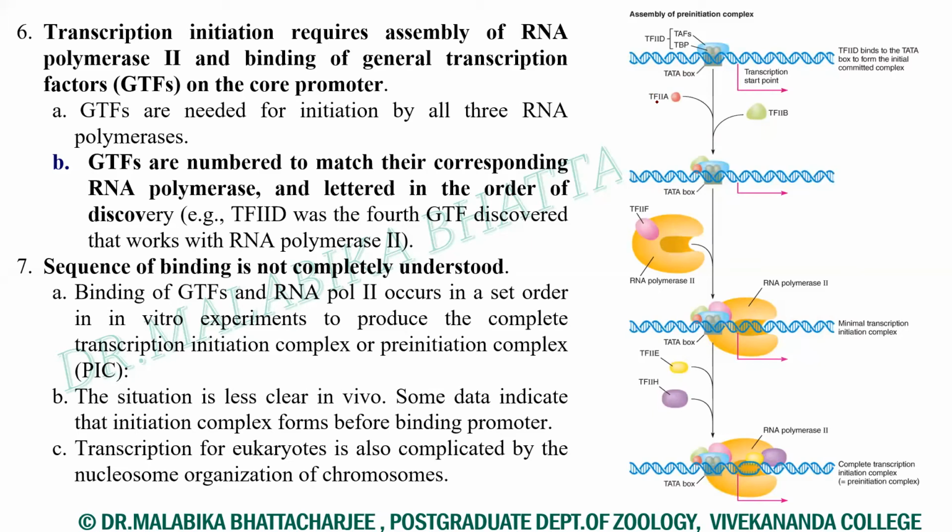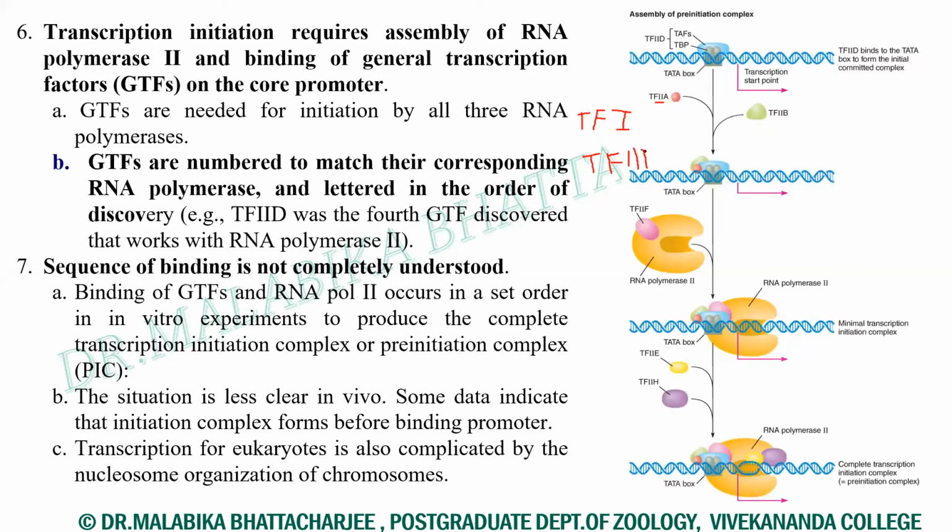So since these transcription factors are working for polymerase II, hence you see it's written as transcription factor Roman II. If it was working for RNA polymerase I, it should have been written as TF1, signifying that these transcription factors are working for polymerase I.